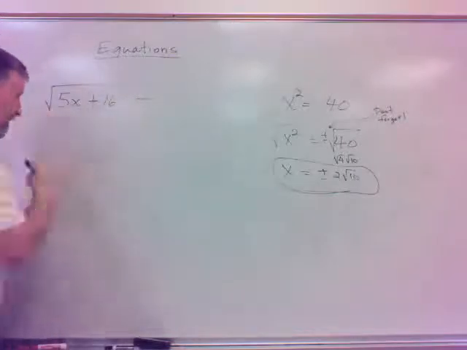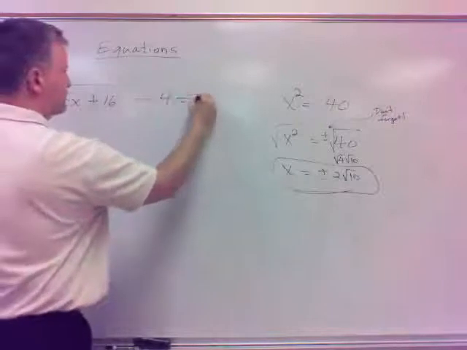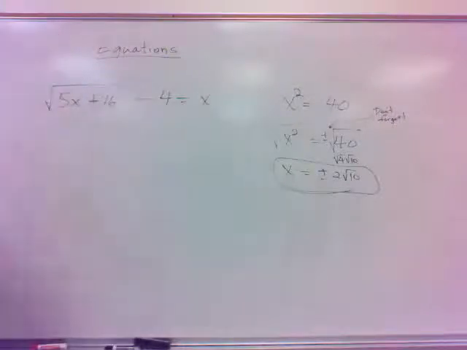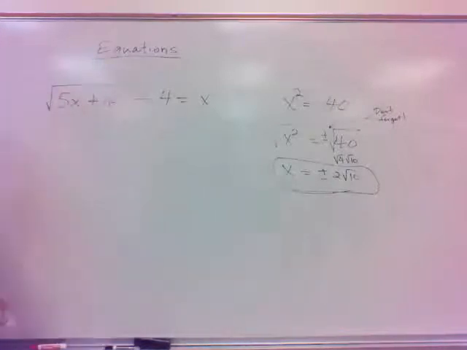Let's say the square root of 5x plus 16, minus 4, equals x. I'll hit a couple of little points on this one. One point is, if you've got a square root equation, you want to square both sides, but what do I have to do first before I can square both sides here? Got to get this square root by itself.